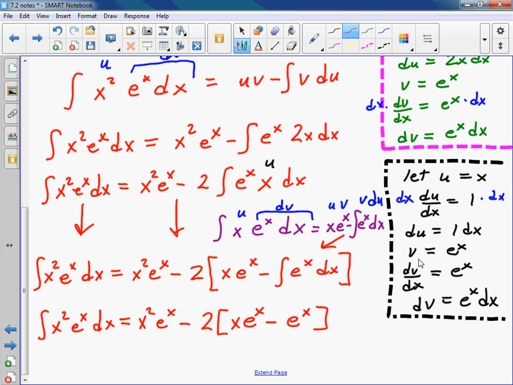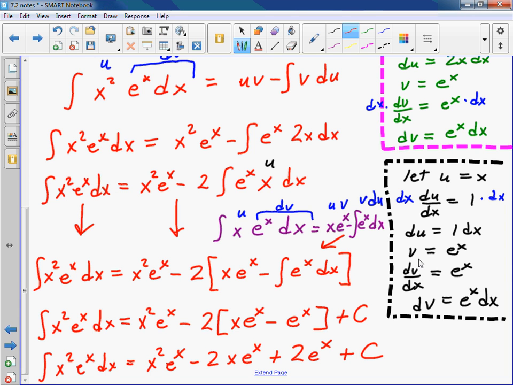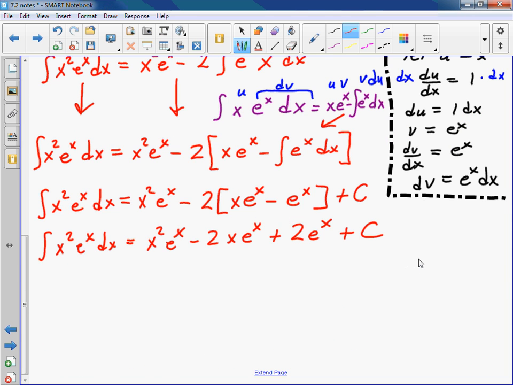So when it's all said and done, the antiderivative of x squared e to the x dx equals x squared e to the x minus 2x e to the x. We've got to distribute, don't forget that. Plus 2 e to the x. And Jeremy, don't worry, plus c. I won't forget about you. I probably should have put a plus c up here since I already did it. Okay, there we go.